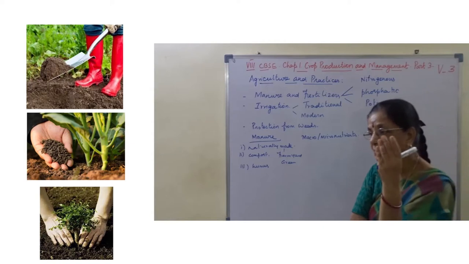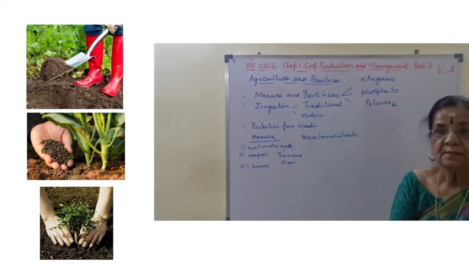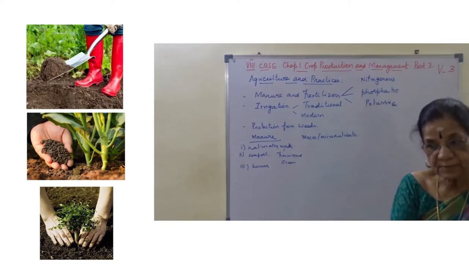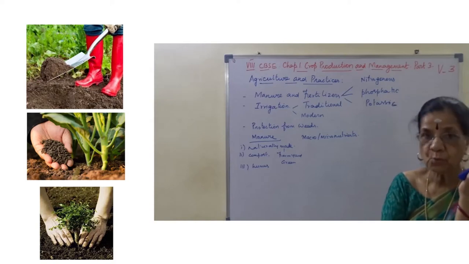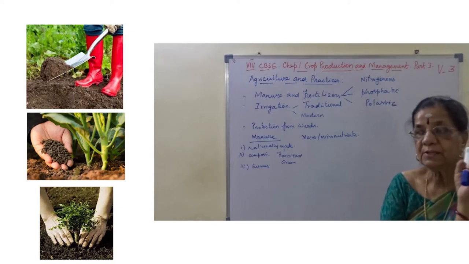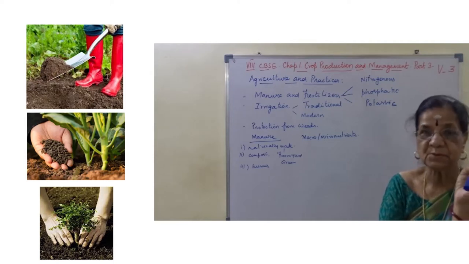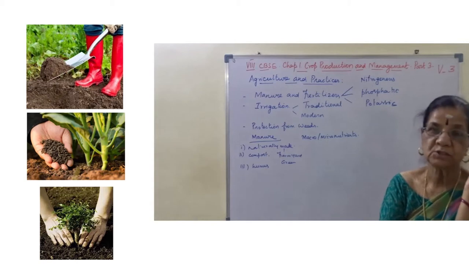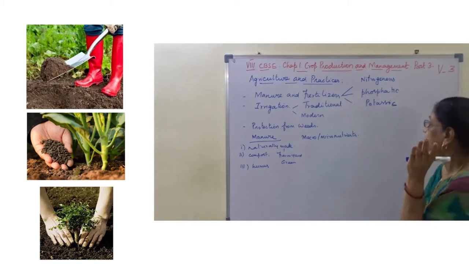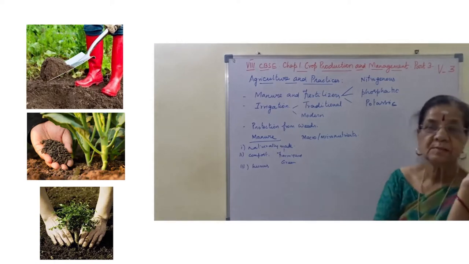And when the manure is supplied, if it rains heavily, or if the flow of water is heavy and moves faster, the manure will not be disturbed. Whereas fertilizers can be easily washed away. I hope you follow. So this is for fertilizers and manure.